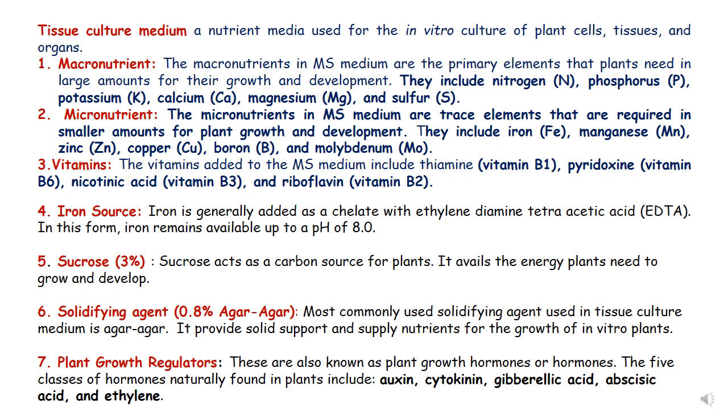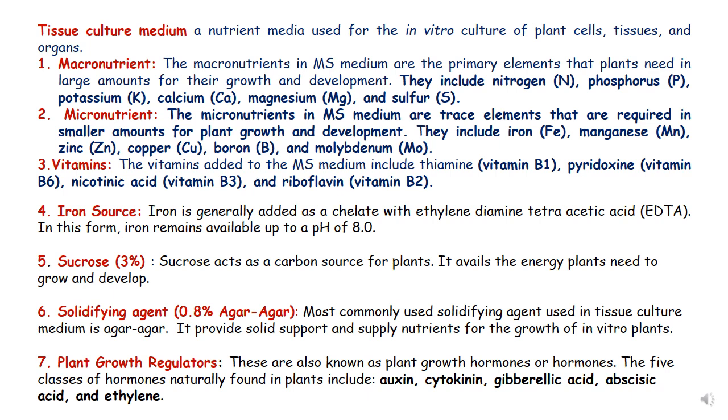A basic tissue culture medium consists of macronutrients, micronutrients, vitamins, a source of iron, source of carbon, that is sucrose, a gelling agent, which is generally agar-agar, and growth hormones like gibberellic acid, auxins, cytokinins, etc.